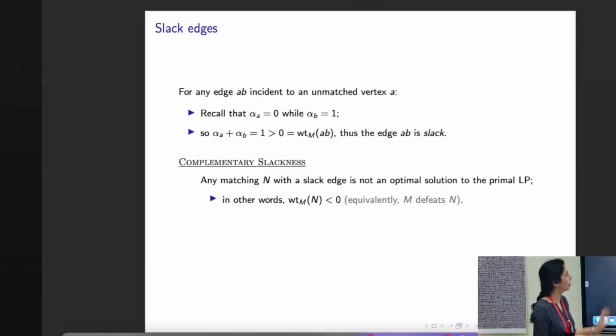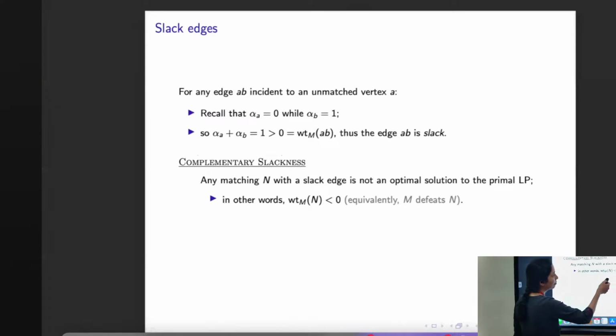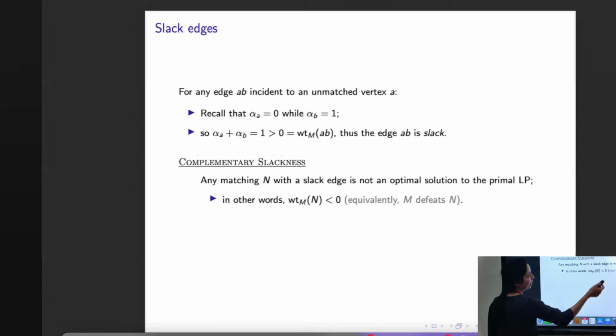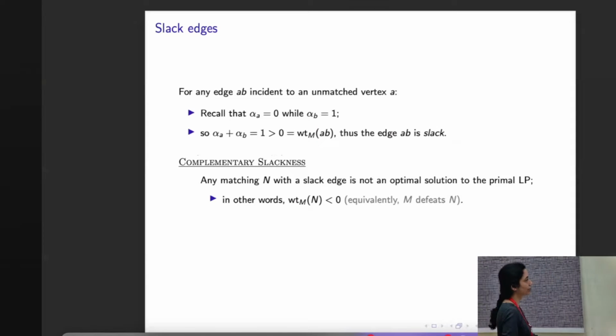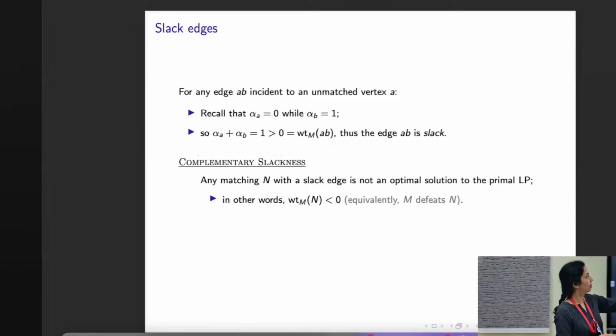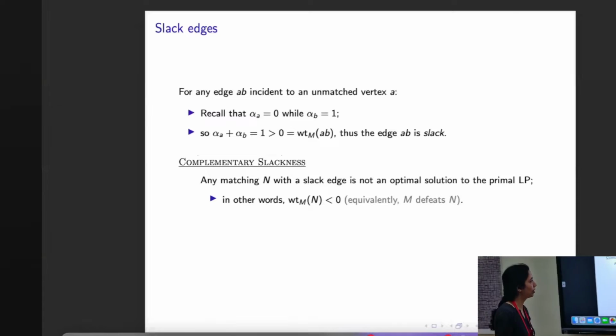So this is complementary slackness. What does it mean to say it's not an optimal solution? The optimal solution has value 0, because M itself is a feasible solution and its weight is 0 under this edge weight function. So if it's not an optimal solution, the weight of any matching that contains a slack edge is strictly smaller than 0.